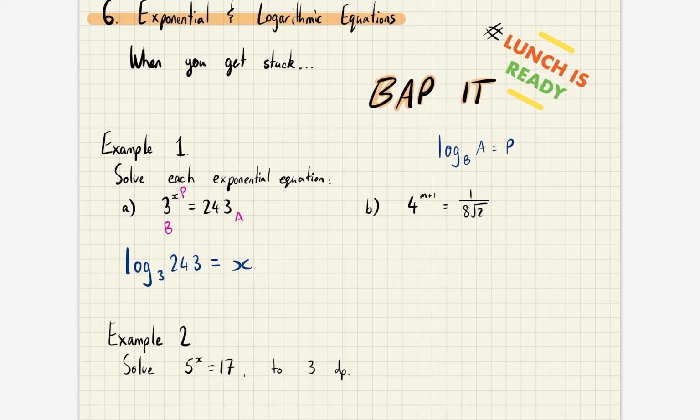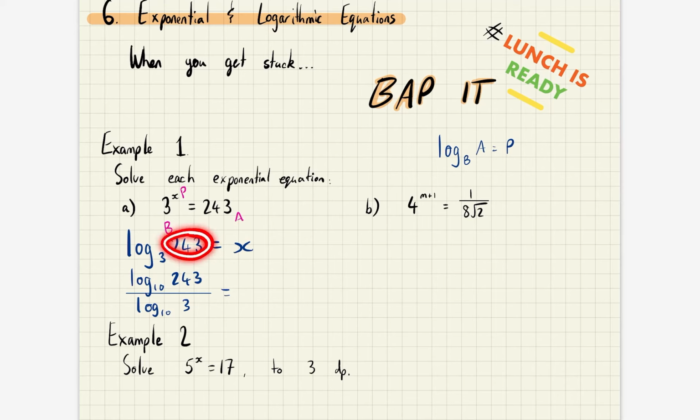The reason why this always works is that the only times you will get stuck is when you need to do the BAP. If you're not stuck, you won't have to do it. Now that I have changed its form, I'm going to do the change of base, so I can type it into the calculator and find my x value. I'm going to do log base 10 of 243 over log base 10 of 3.